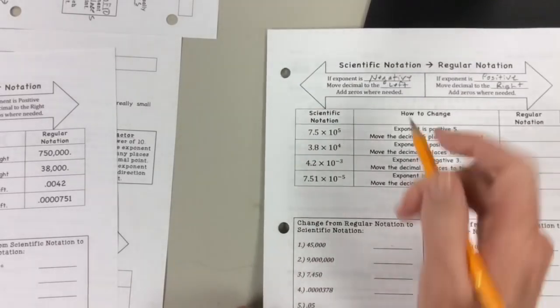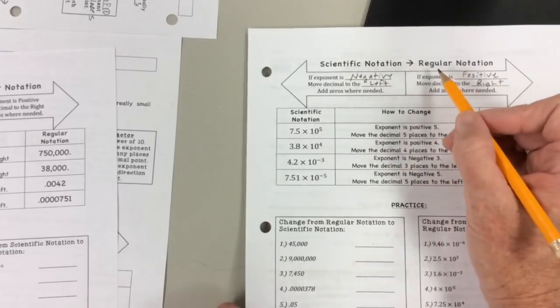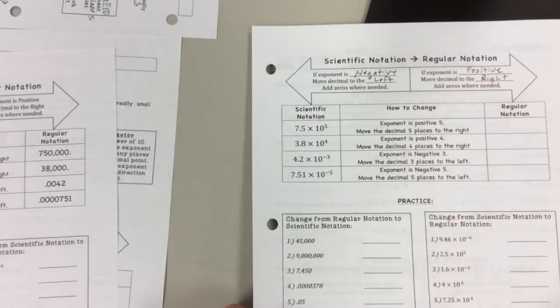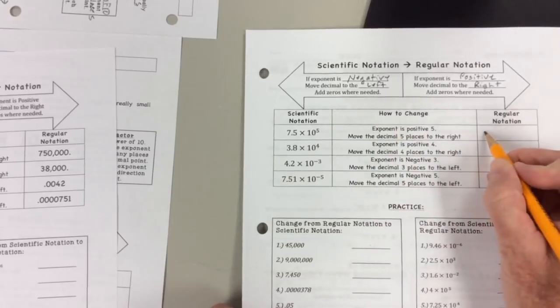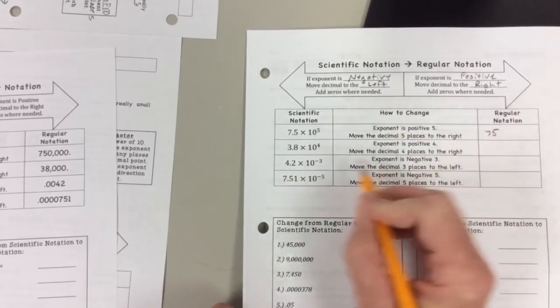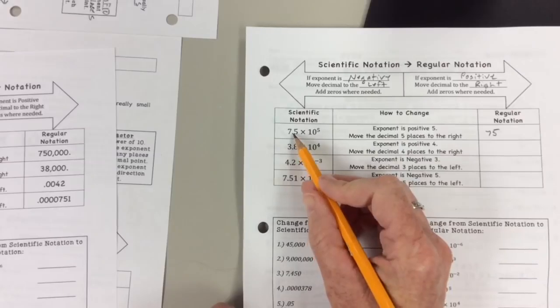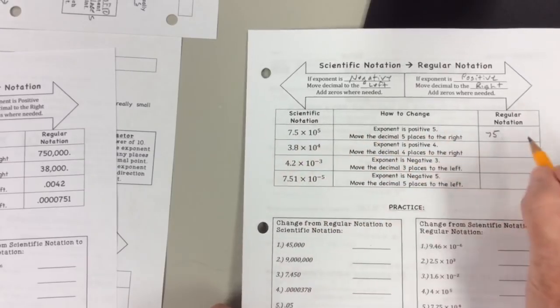Okay, now we're converting it from scientific notation back to regular notation. So we know this is going to begin with 7, 5. And we need to add 5 digits after the decimal.